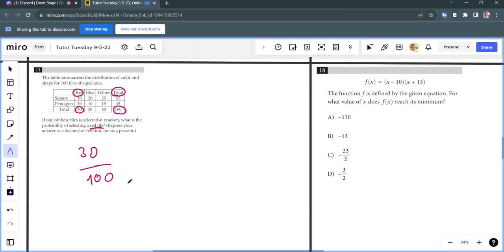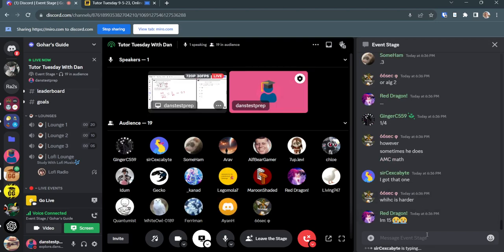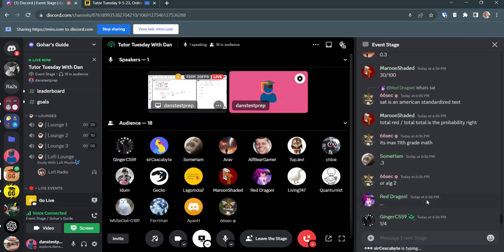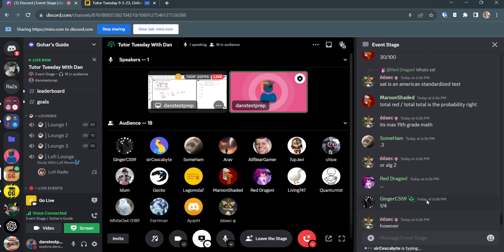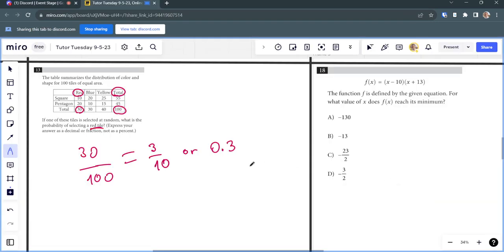That should be pretty straightforward. But if you put 30 over 100 into the answer box on the SAT, that would be wrong. You would want to simplify this to either 3/10 or 0.3. Got that one? Yeah, 3 over 10 or 0.3.